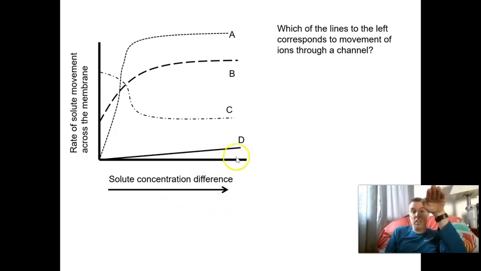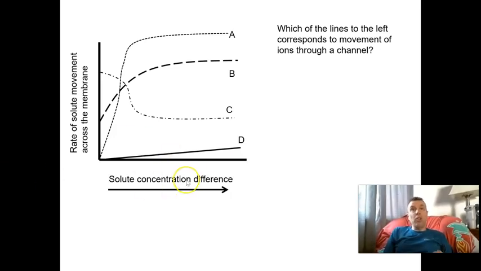And if I open up that dam, water is going to flow very, very quickly. And it's generally going to flow a lot more quickly than if the lake level was barely higher than the river level. Then I open the dam and it's going to flow a little bit more slowly. So essentially, as you get a bigger gradient, a bigger difference from the high concentration to the low concentration, you're going to have a higher rate of movement across the membrane.